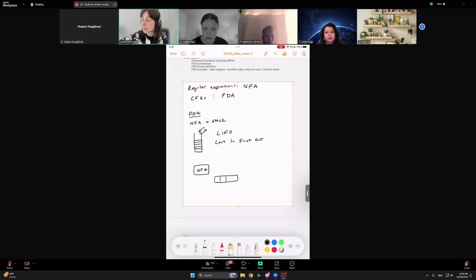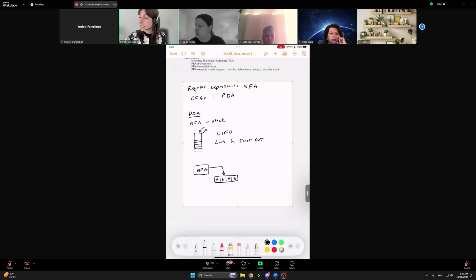Maybe we have something like this, and our NFA can read the input string and process it one symbol at a time, and it can make decisions about what state to transition to based on the current state, but it's unable to recognize our more complex context-free languages because it can't really store information such as keeping track of counts of things or being able to balance strings like we've seen with our CFGs.